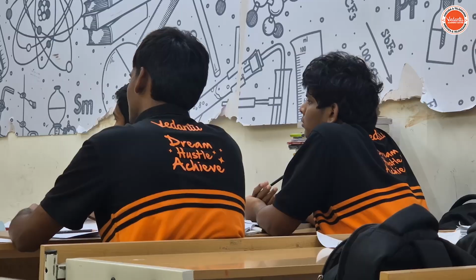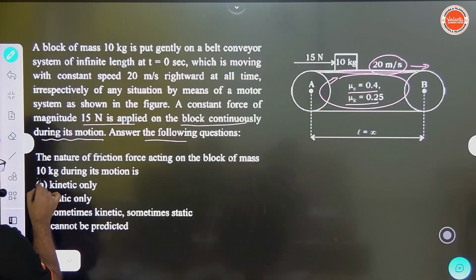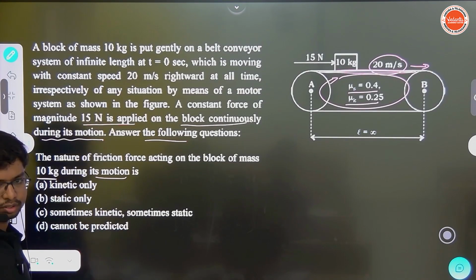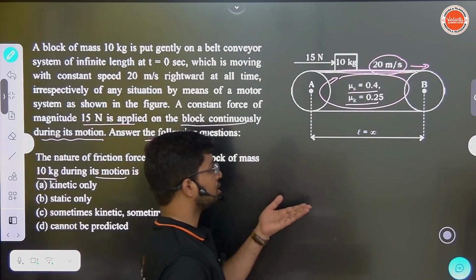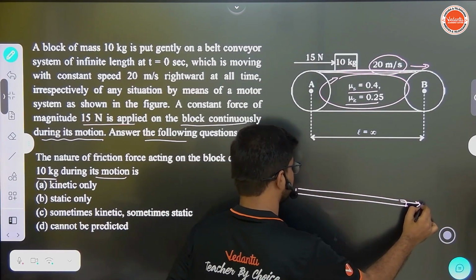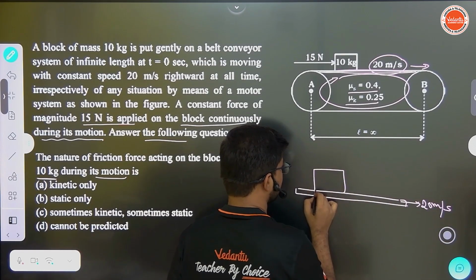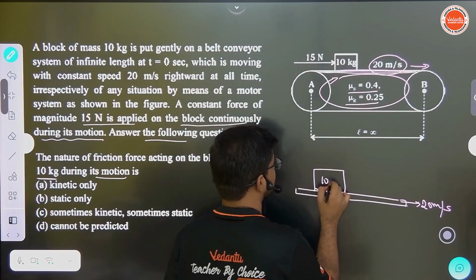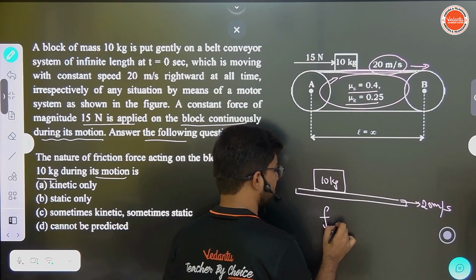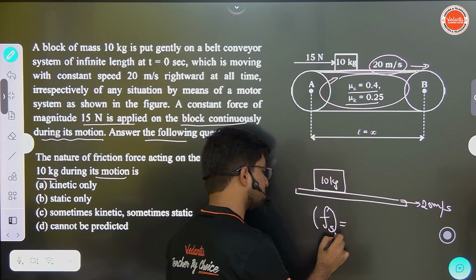Now, the nature of the frictional force acting on the block of mass 10 kg during its motion is? Now you see here, you have some kind of platform or belt which is moving with 20 meters per second. Now, this is your 10 kg. Can you tell me what is the maximum static frictional force it can have?